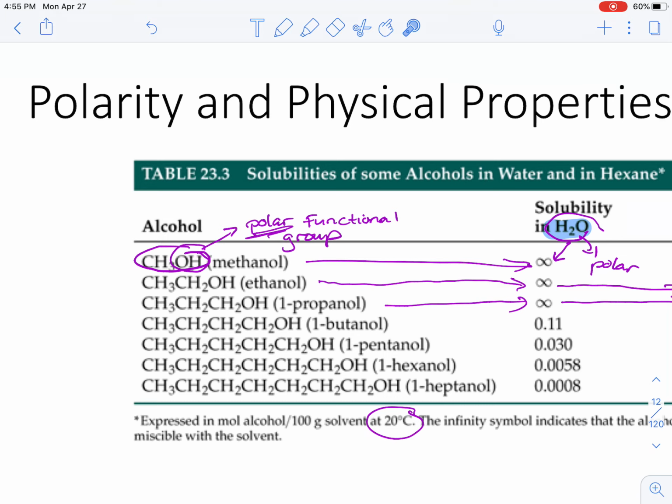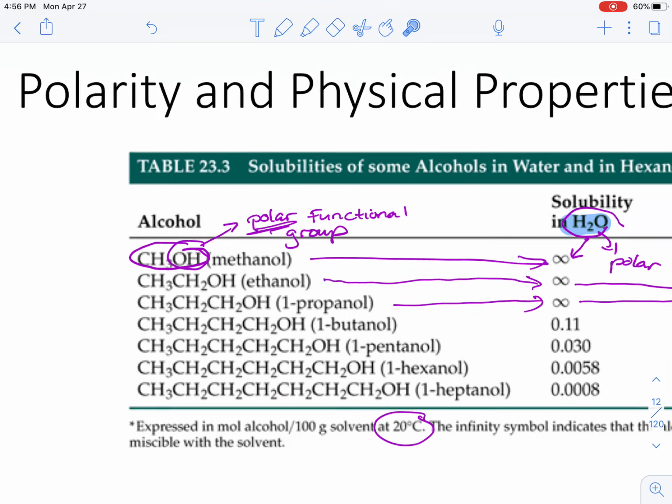characteristic of that molecule. And so simply placing one polar functional group does not make all of the organic compounds super polar or super soluble. There's this interplay between the length of the carbon chain, which is typically nonpolar, and the amount of hydroxyl groups that are present in that organic compound.